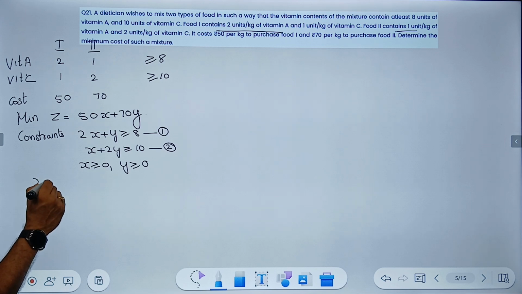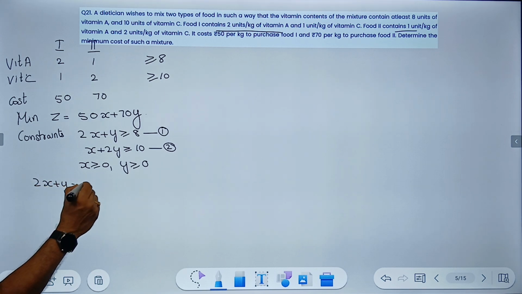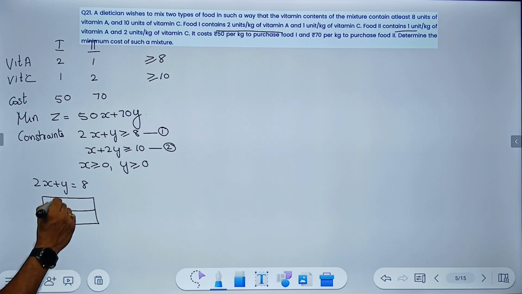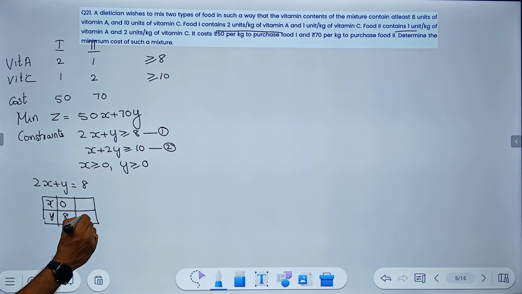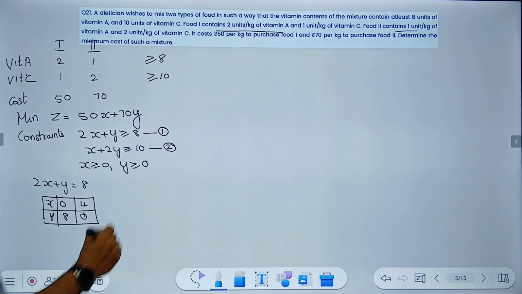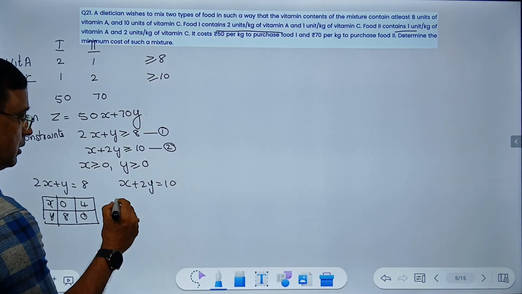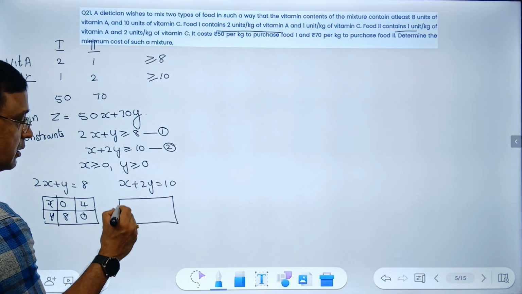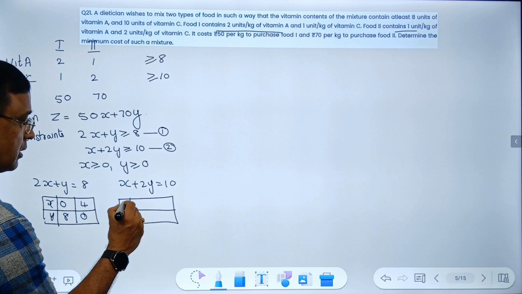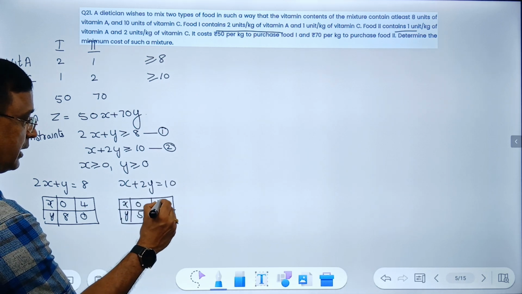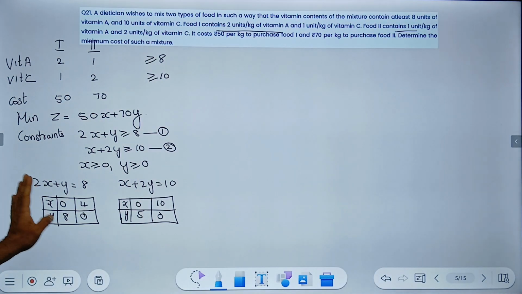So first I will take 2x plus y equal to 8 and plot the graph. The same story: x is 0, y is 8; y is 0, x is 4. Now this is x plus 2y equal to 10. If I plot this, what do I get? x is 0, y is 5; y is 0, x is 10. So that finishes this part. Now what do you do?